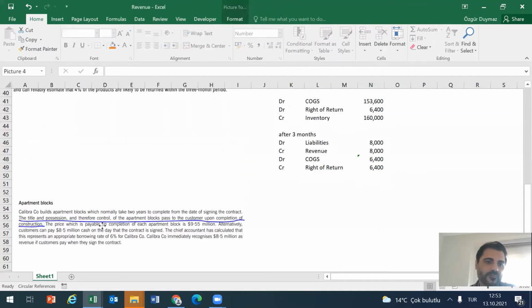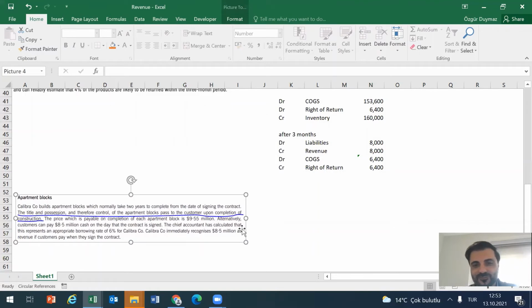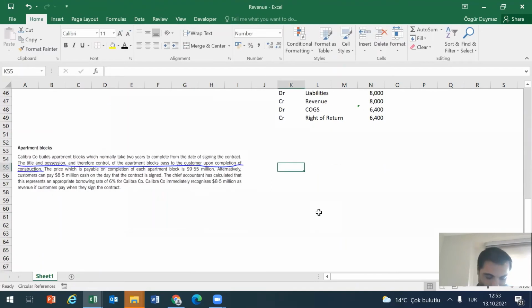Okay, let's go to number 4. It's an interesting one. Calibre Co builds an apartment which normally takes 2 years to complete from the date of signing the contract. This is important.